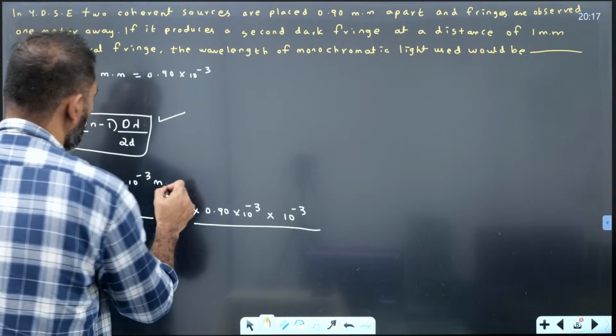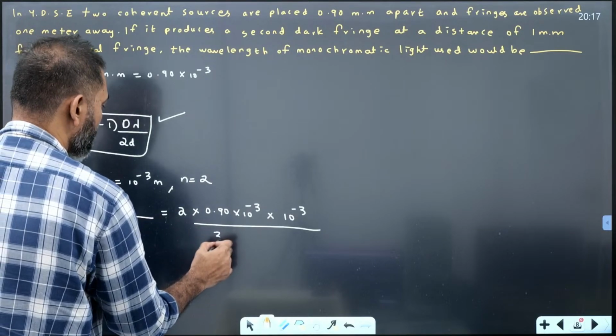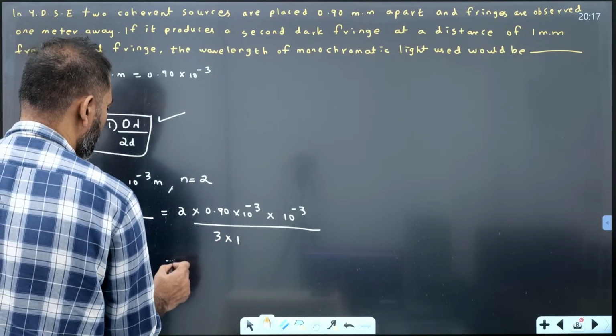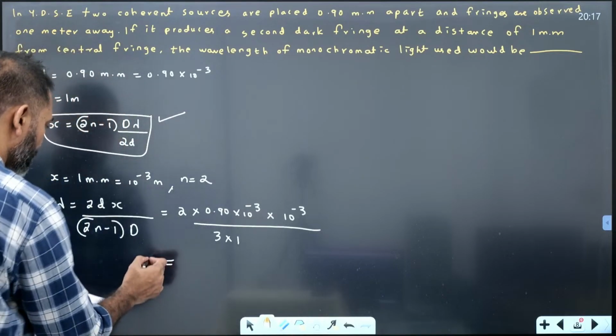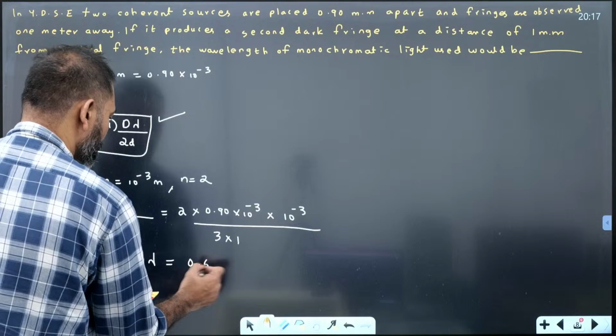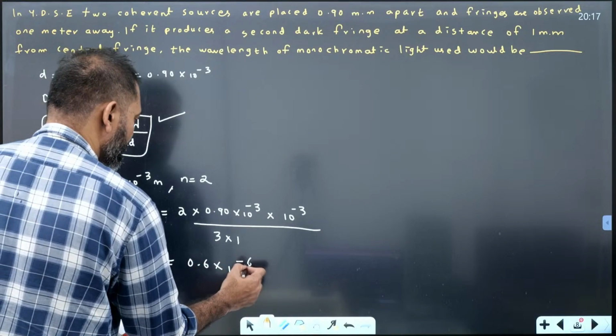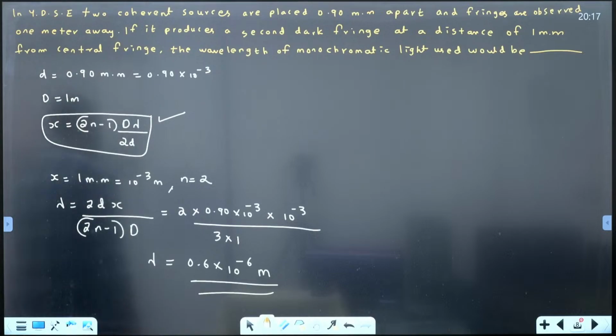So n value is what? 2. So 2 into 2, 4, minus 1, 3, into capital letter D which is 1. So if you solve that, your answer will be lambda is equal to 0.6 into 10 raised to minus 6 meter. If you solve that. Doubt now?